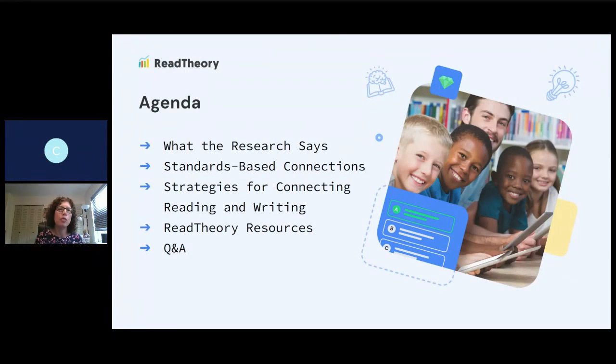So we will look at the research today for those of us who need to show data. I know particularly with the younger grades, sometimes reading and writing are separated into two different blocks or two different subjects, and really to build up skills in both areas, you need to teach them in conjunction with each other. So we'll look at what the research says.